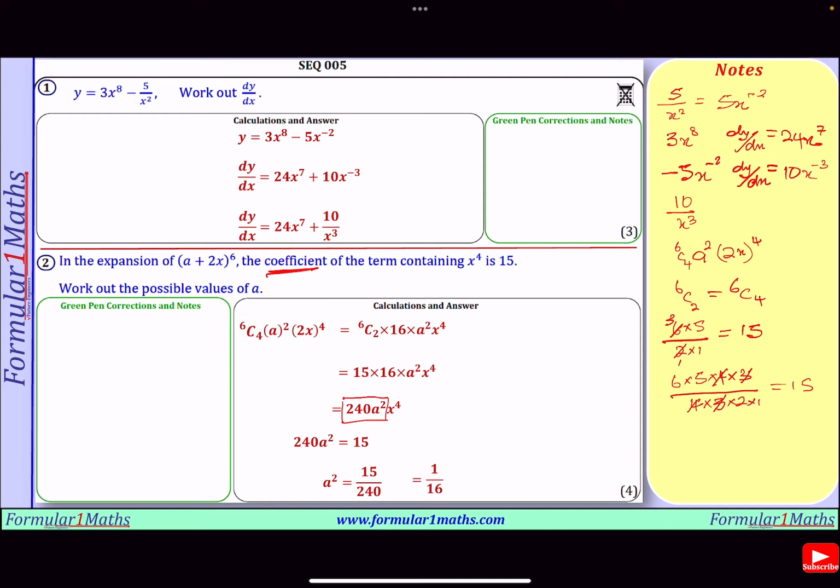If I reduce that, I get 1 over 16. But we want a, so we have to find the square root of that and the square root of this. If we do that, we get a is equal to the square root of 1 over 16, and the square root of 1 over 16 is plus or minus 1 over 4. And these are the two values required.